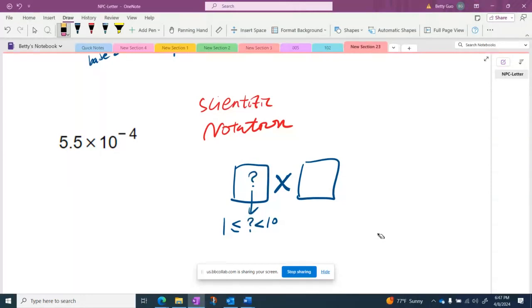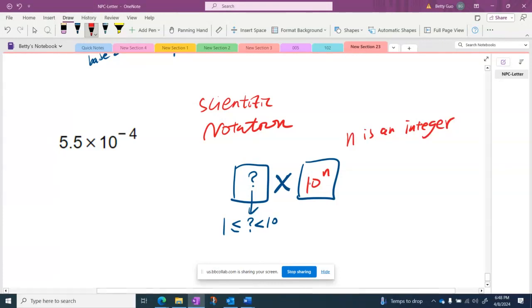And the second part of the scientific notation is a power of 10. 10 to the power of n. N here is an integer. It could be 0. In the case n equals 0, then you just don't have the second part because it's going to be 1.